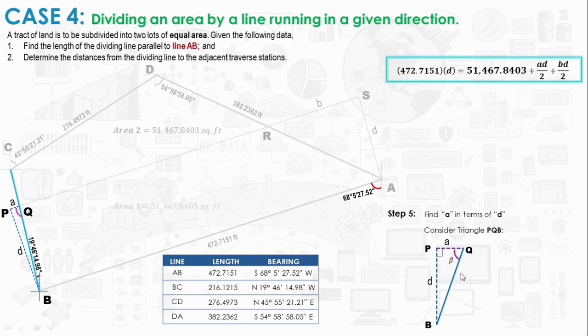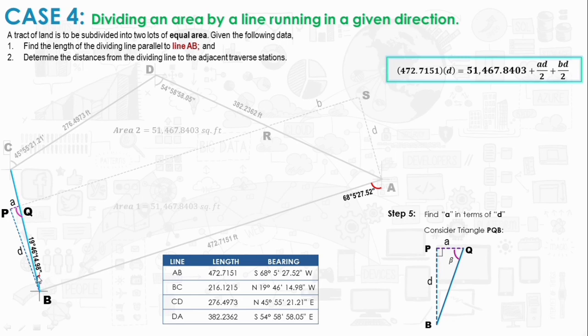So, paano natin makukuha si angle beta? Di ba? If this is angle beta, dapat equal pa rin siya dito, tama? Base sa triangle, if this is angle beta, this is also equal to angle beta, tama?